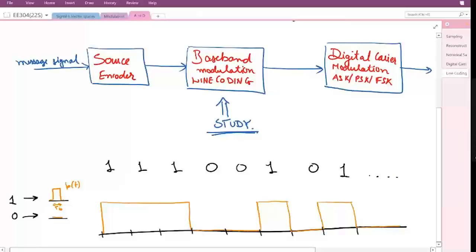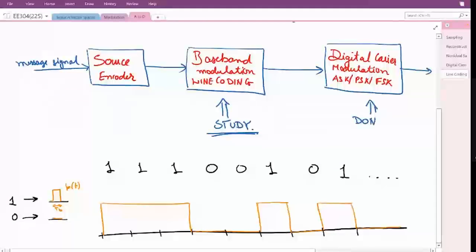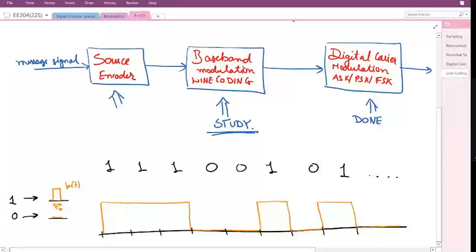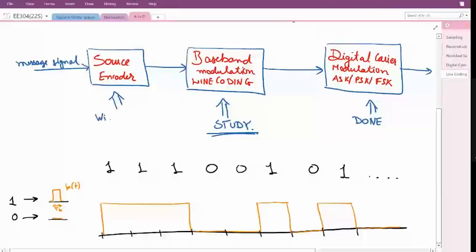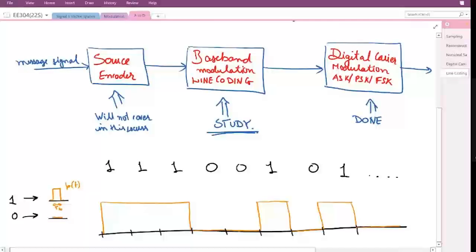This is what we are going to study here. We have already done this one, and we are not interested in this one in this course, we will not cover it. Okay, so this is how it goes.